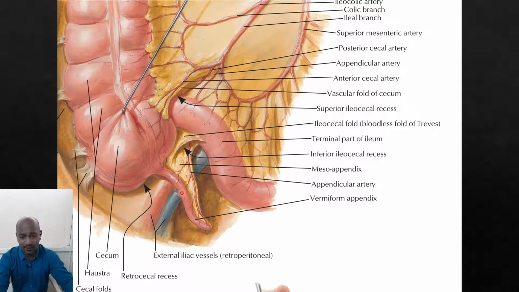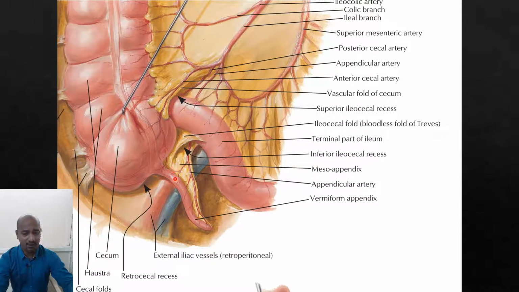The appendix has a continuous longitudinal layer of smooth muscle. Once these taenia coli come together, they form almost a complete layer around the appendix, but in some places it may be deficient.